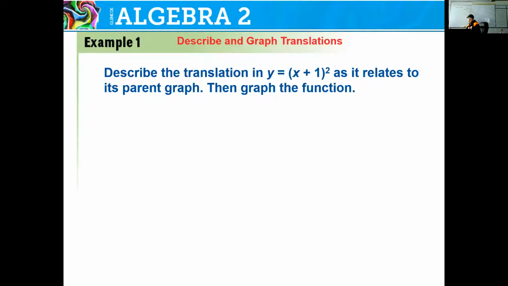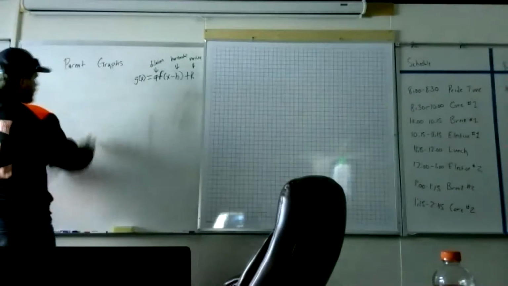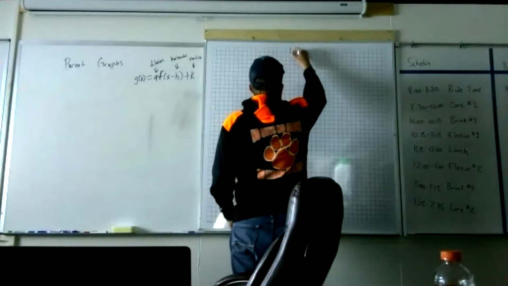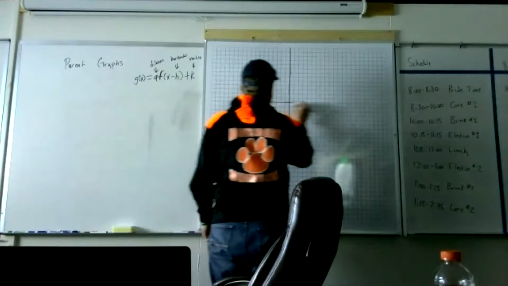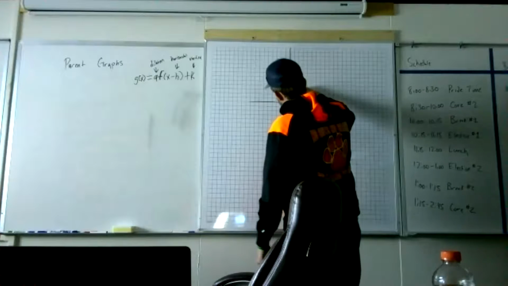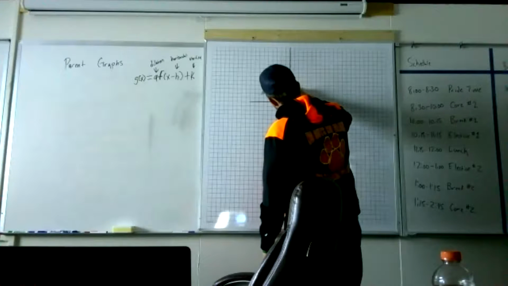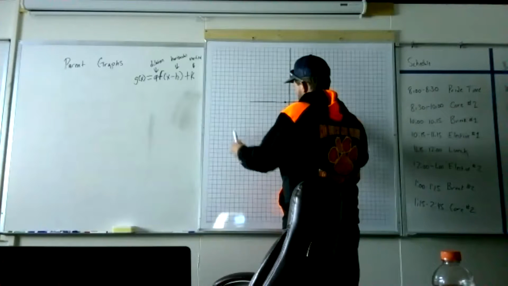It's minus negative 1. So knowing what we know about x squared, that should cross at 0, 0, and it's shifted left 1. The graph of (x plus 1) squared is going to be shifted to the left. So our origin has now moved to -1, 0, and all of its associated points have been moved as well.